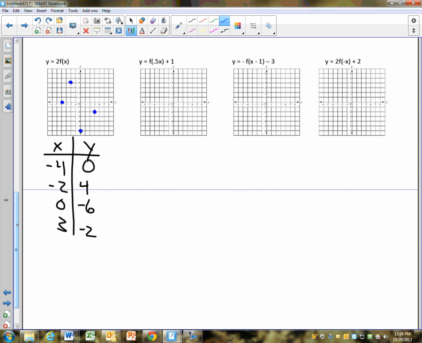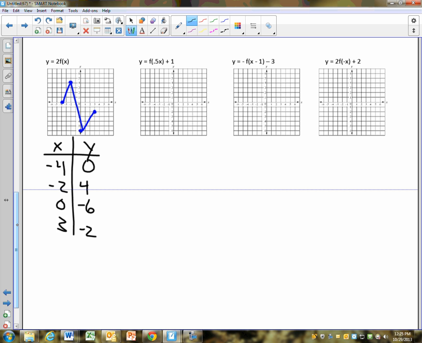Now here the x values will change. So we'll do something different there. As you graph this, can you look at the graph and tell that from the original it's stretched? Because that's what you should look for. Okay. All right, let's look at the next one.